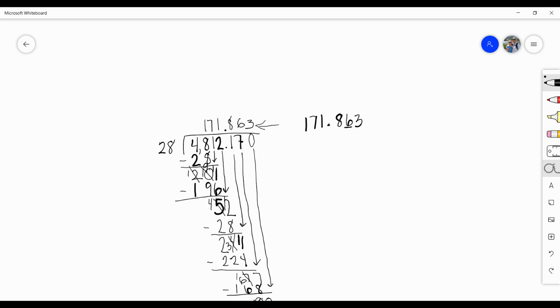In order to round, I look to the number to the right. This number is less than 5. If the number is less than 5, then the number we're rounding stays the same. So my final quotient is 171 and 86 hundredths.